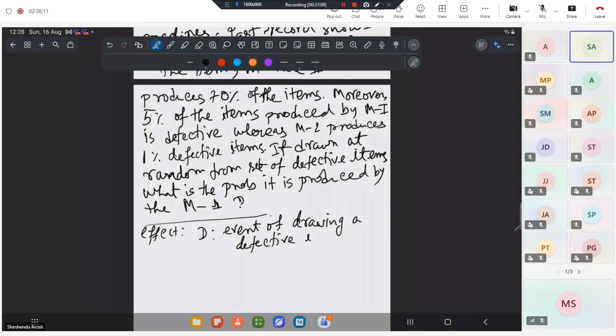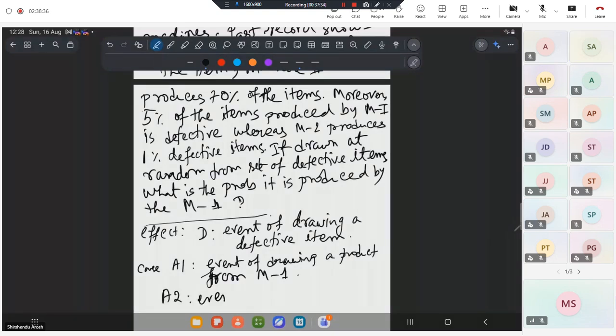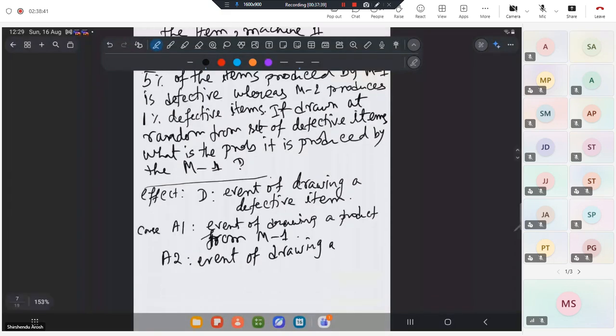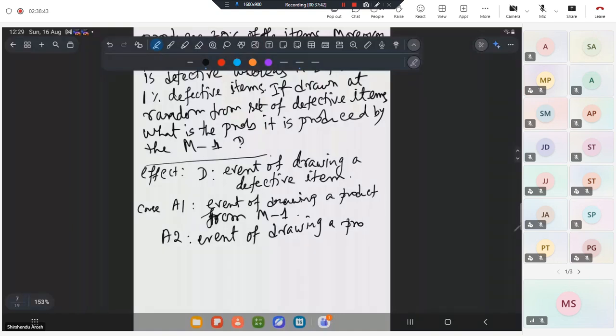Right? Now what is the cause here? The cause is basically the event of drawing a product from machine 1 and the event of drawing a product from machine 2.